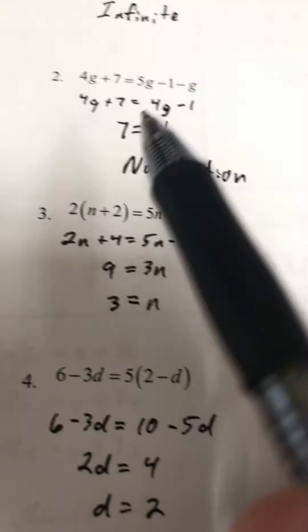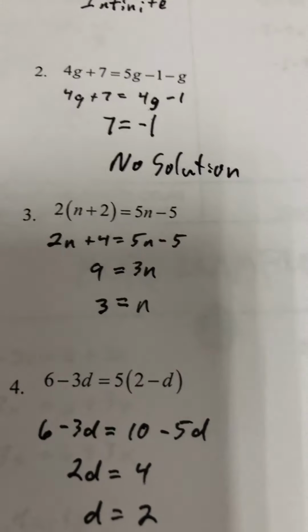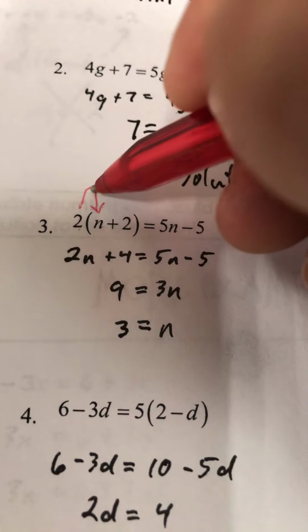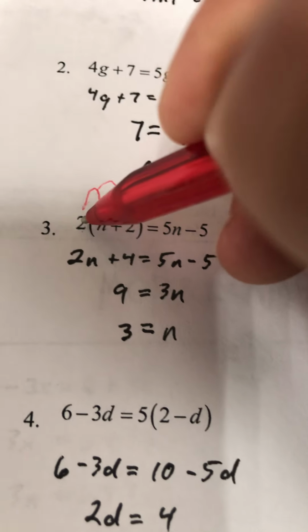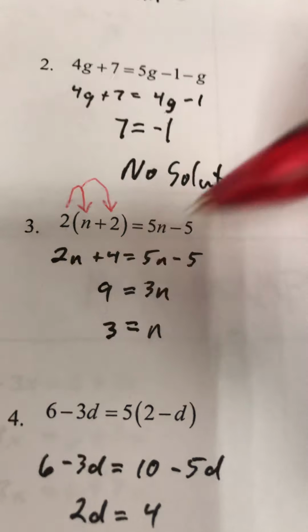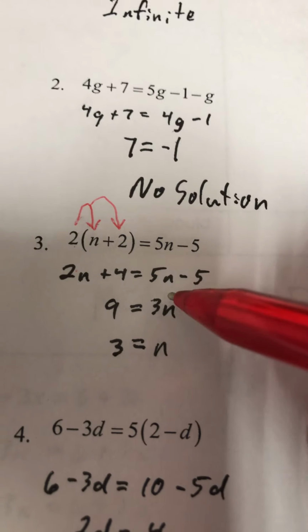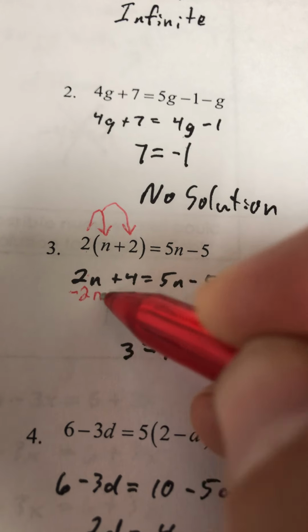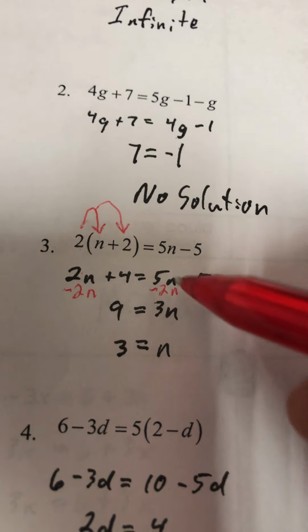Okay, moving on. I use the distributive property once again. I am taking my 2 times the n and the 2 times the 2. So I have 2n, 2 times 2 is 4, so that becomes that. I ended up doing both steps here just because we're getting so good at it, okay? So I minus 2n from both sides.